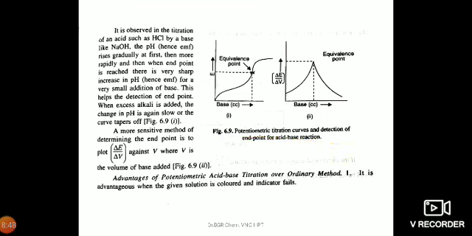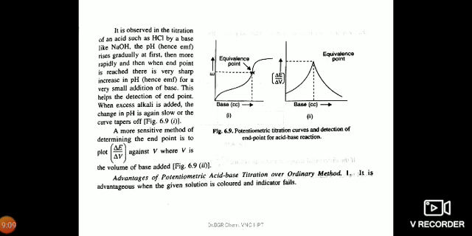It is observed in the titration of an acid such as HCl by a base like sodium hydroxide. So, in the beaker you are taking HCl and you are placing a hydrogen electrode and a calomel electrode, and in the burette you will be taking sodium hydroxide, and gradually you are adding alkali to the HCl so that the neutralization process takes place.